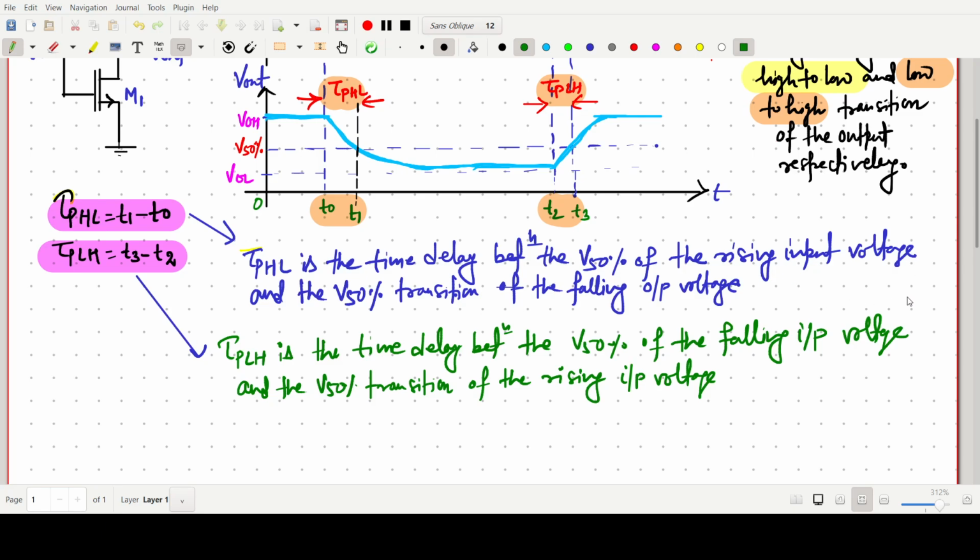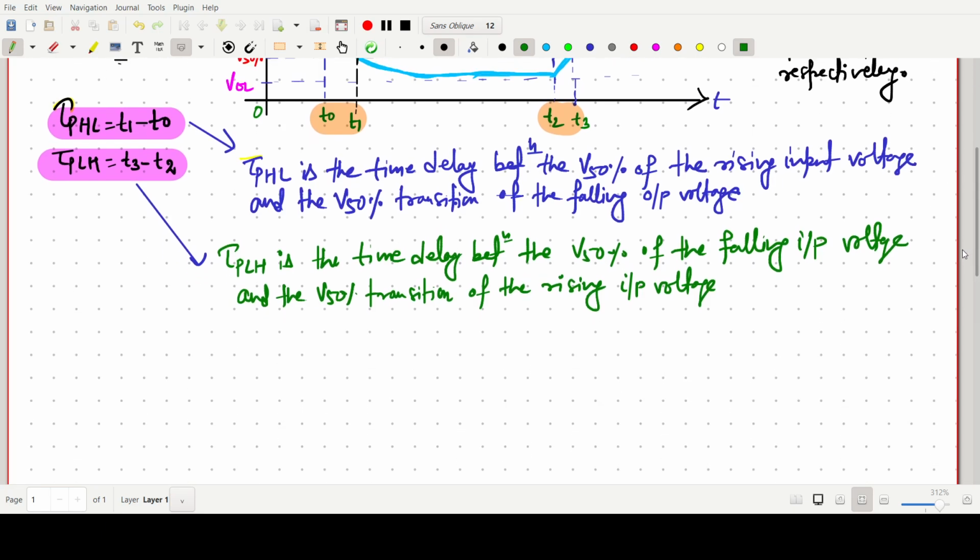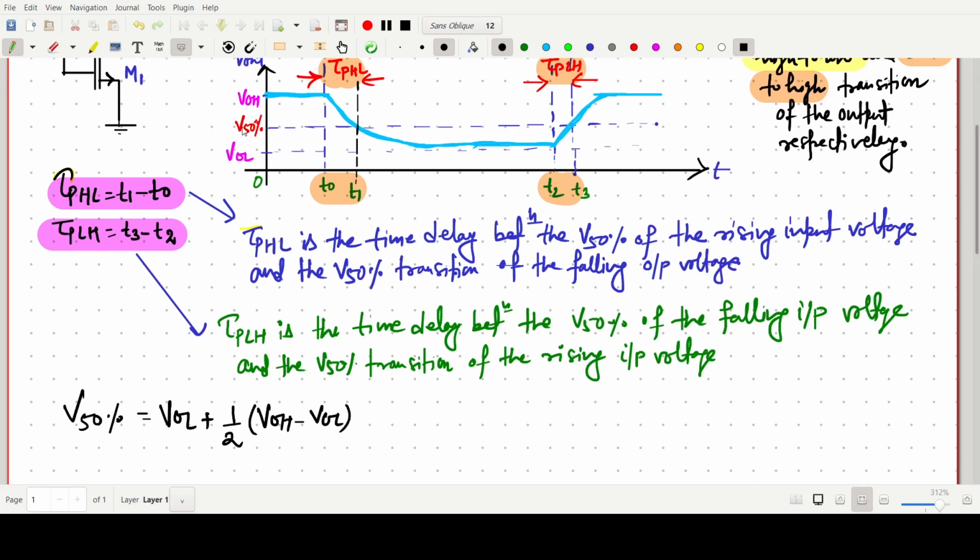So these two are the definitions, and mathematically also we can write. V50% is nothing but simply VOL plus 1 by 2 times of VOH minus VOL. So if we solve, it will come simply 1 by 2 times of VOH plus VOL.